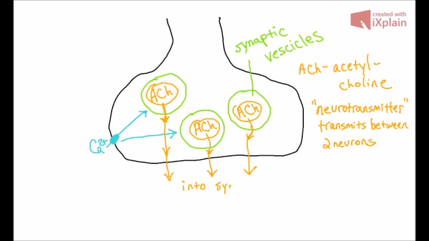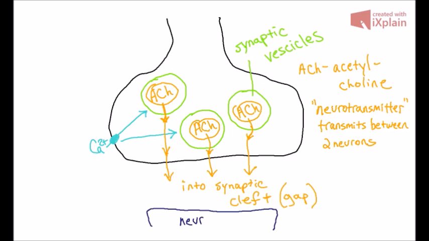Into the synaptic cleft. The gap. And see, here would be another neuron waiting to receive, waiting to get stimulated by the first neuron. Here's neuron number 2.